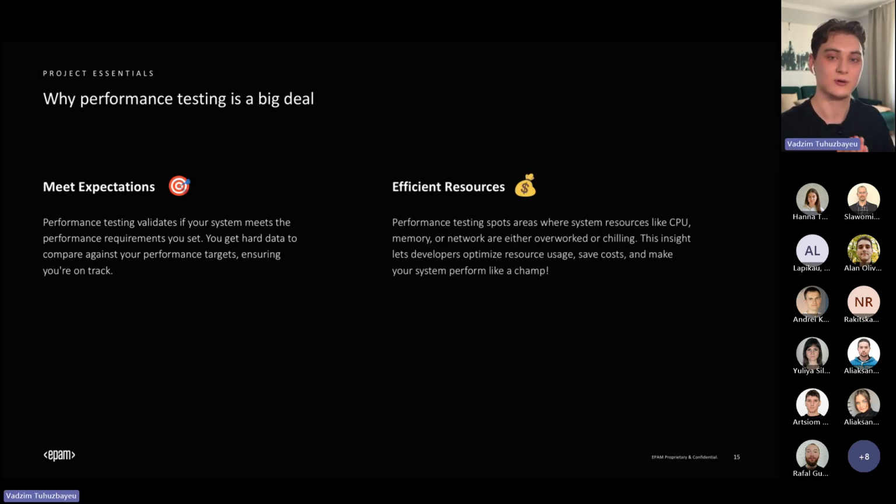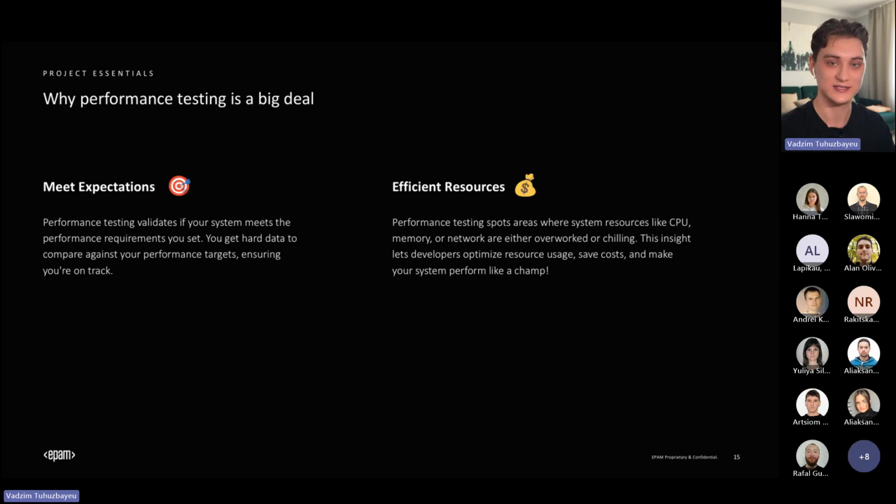And eventually, to optimize resource utilization. Performance testing is like an efficiency expert for your system. It covers those areas where resources like CPU, memory, or network are either working too hard or doing something with minimal effort. And knowing this, developers can fine-tune resource usage, save money, and make your system perform like a champ.